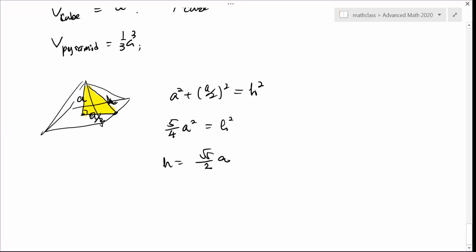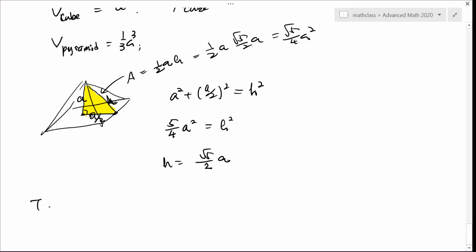So now the area of each isosceles triangle is going to be, right, the base times the height, okay, which is going to be 1/2 of A times square root 5/2 A, so it's square root 5/4 A squared.